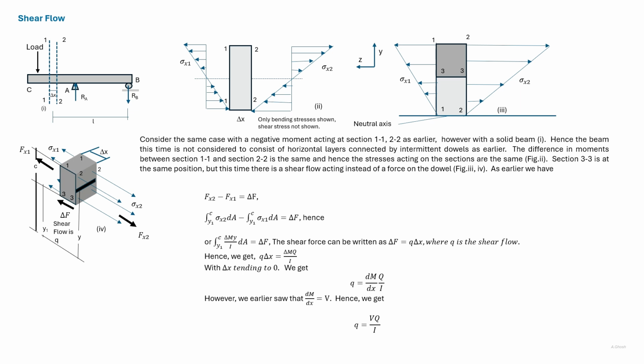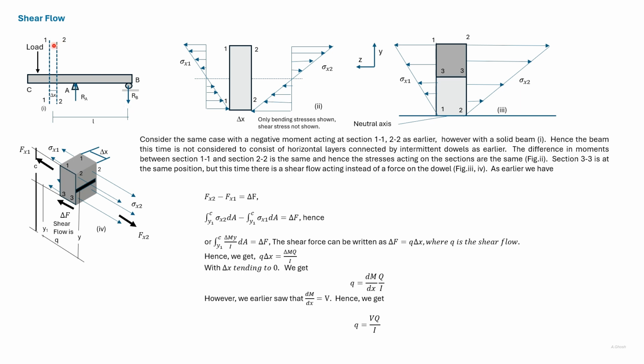In the last slide, we discussed shear force in dowels. Here we'll discuss shear flow. We'll take the same loading case. So consider that the dimensions and the load, the reactions are the same as in the last case.